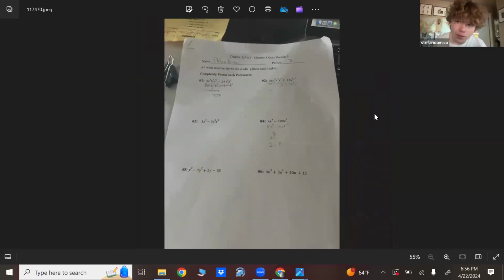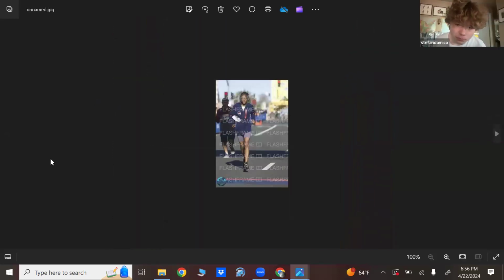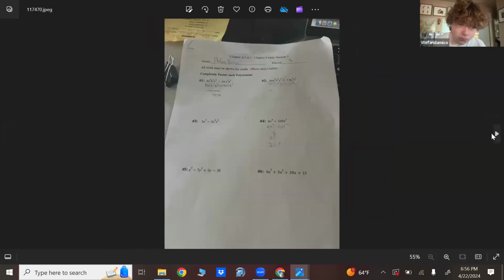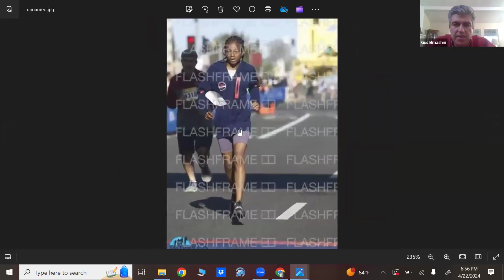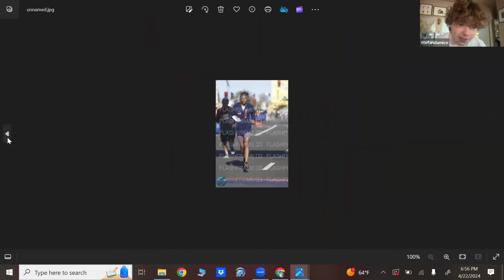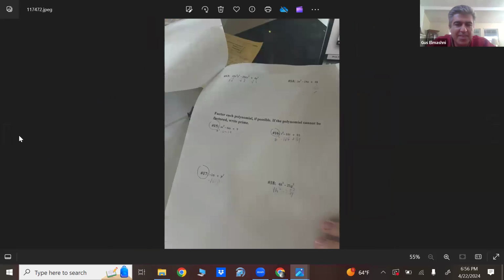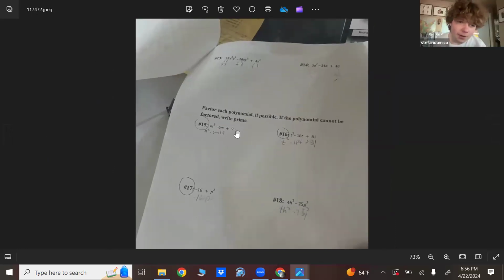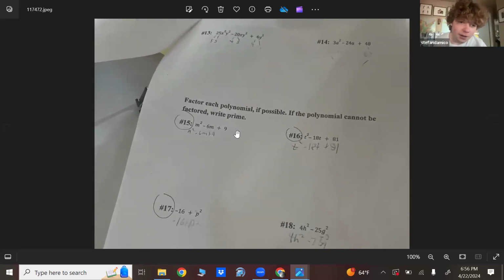Oh, by the way, this was me running in a 5K race in the background. That was a couple weeks ago. It's actually up in Sacramento, where my in-laws live. I was there for Easter week break.